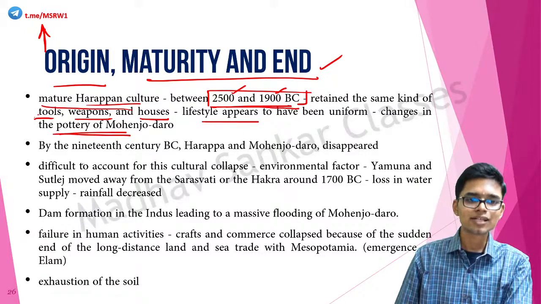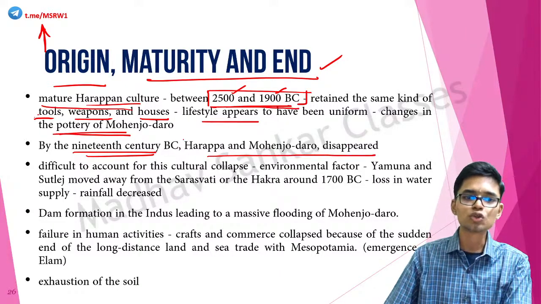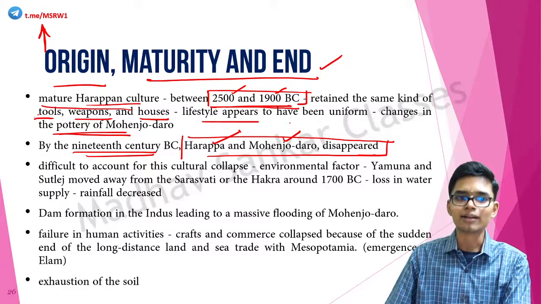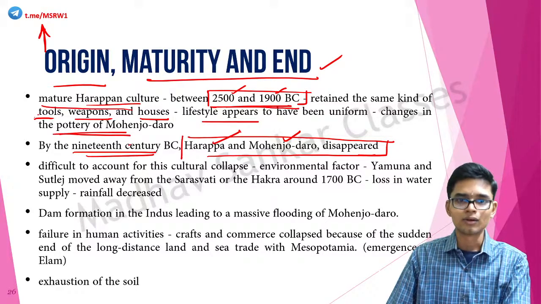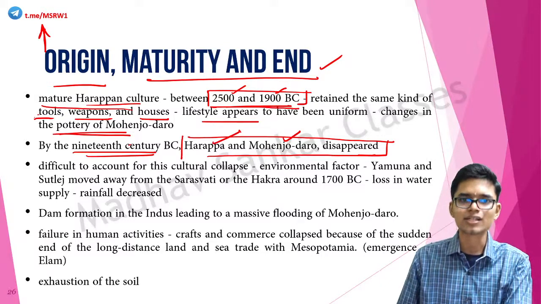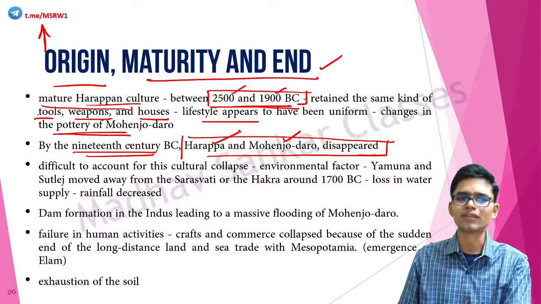By 19th century BCE, Harappa and Mohenjo-daro disappeared. So the two most prominent cities in Harappan civilization, Harappa and Mohenjo-daro, declined by the 19th century BCE. So why did they decline? What was the reason for the decline of these two cities? It is not exactly proven. We are not exactly sure what caused it.